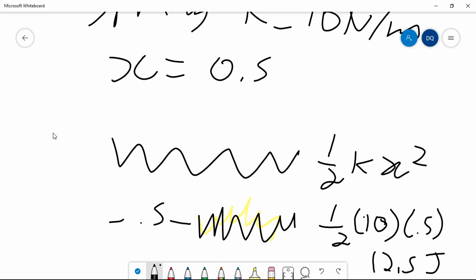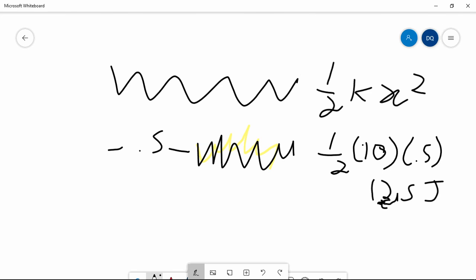Yeah, got the decimal off by a spot. It's 1.25, sorry. I'm sure you got that right as you follow along here. So that's 1.25 joules of energy that it takes to compress a spring of K value 10, a distance of half a meter.